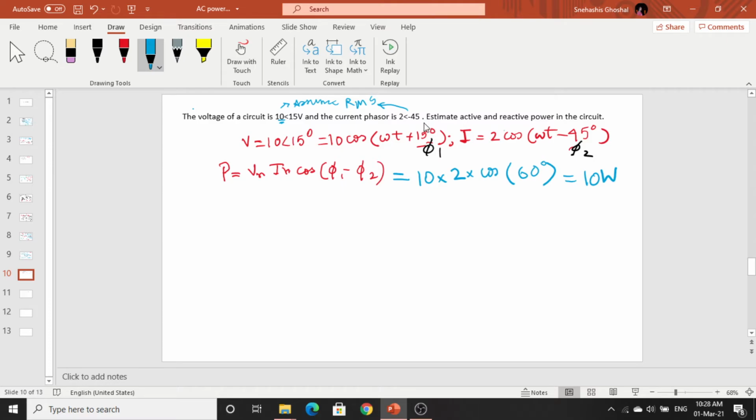That is represented by VR IR sine of 15 minus 45 degree, of course. So gradually it becomes sine 60 degree.